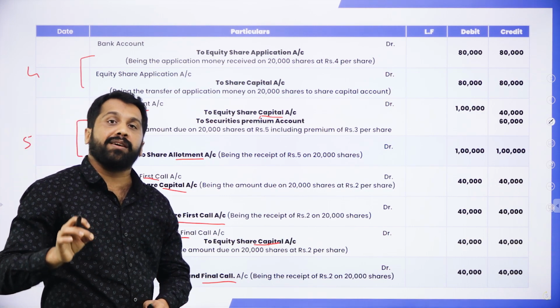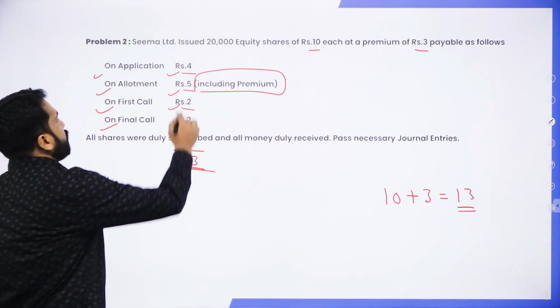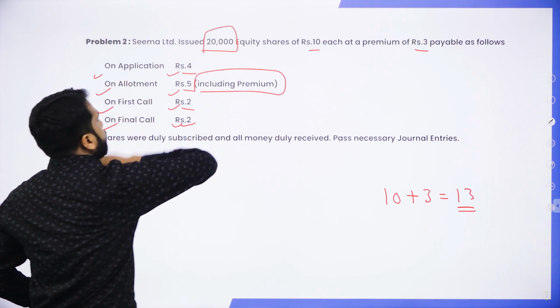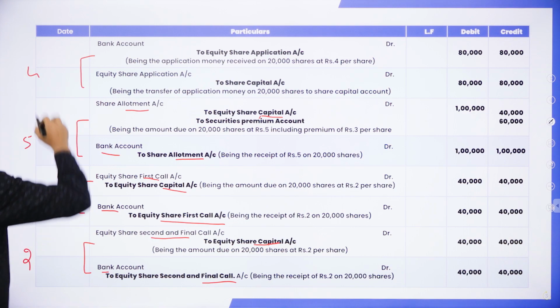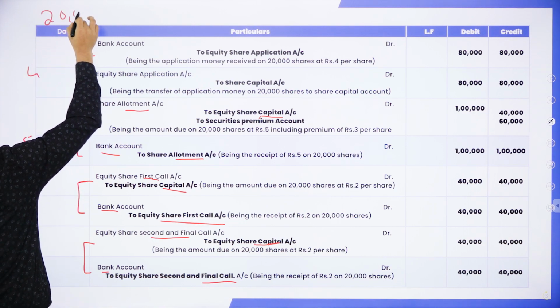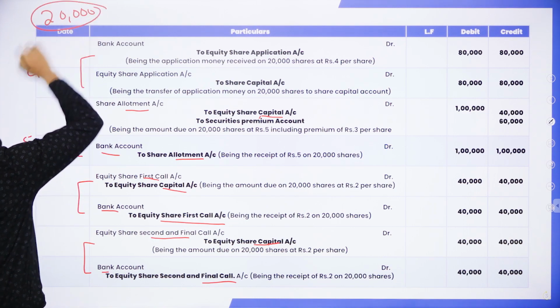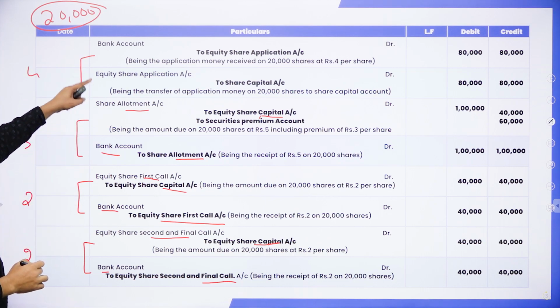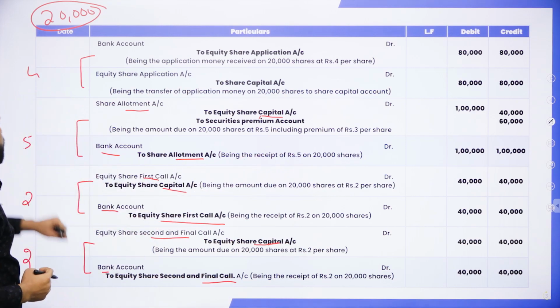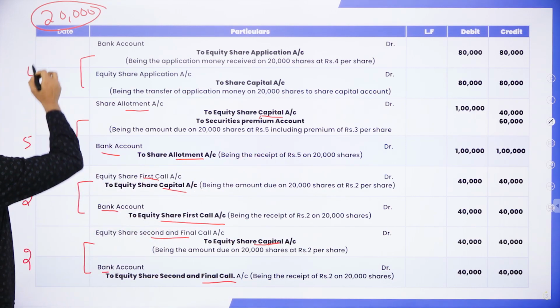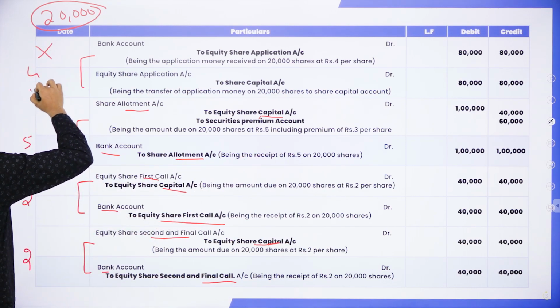Now, what is the number of shares? 20,000. Remember this. Simple. For the journal entries, we just have to fill in the amounts. Now, number of shares 20,000, multiplied by 4.